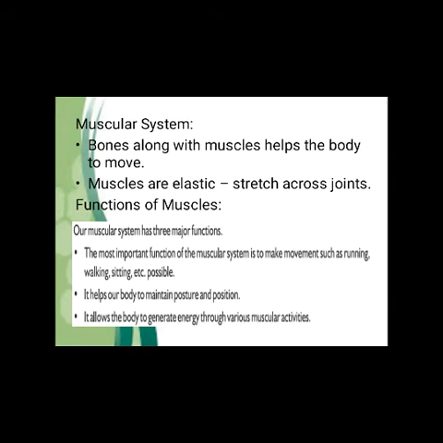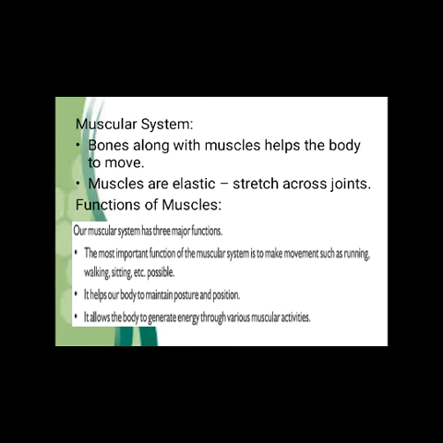Next, we saw about muscular system, right? These muscles along with bones help in the movement of our body parts. These muscles can stretch across the joint so that our body parts can easily move. The functions of the muscles are, it is most helpful for movements such as running, walking, speaking, listening, etc. And it helps our body to maintain posture and position.